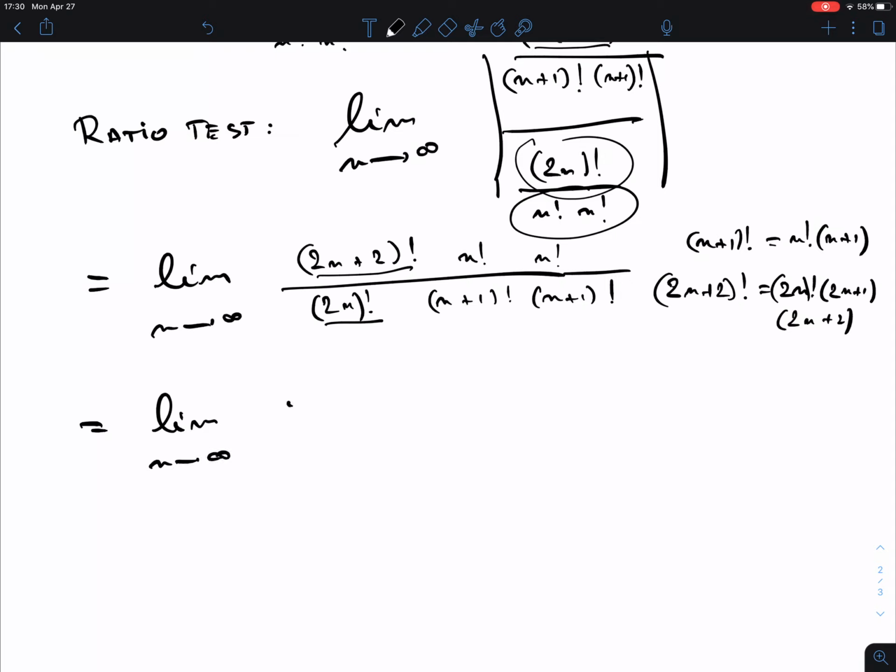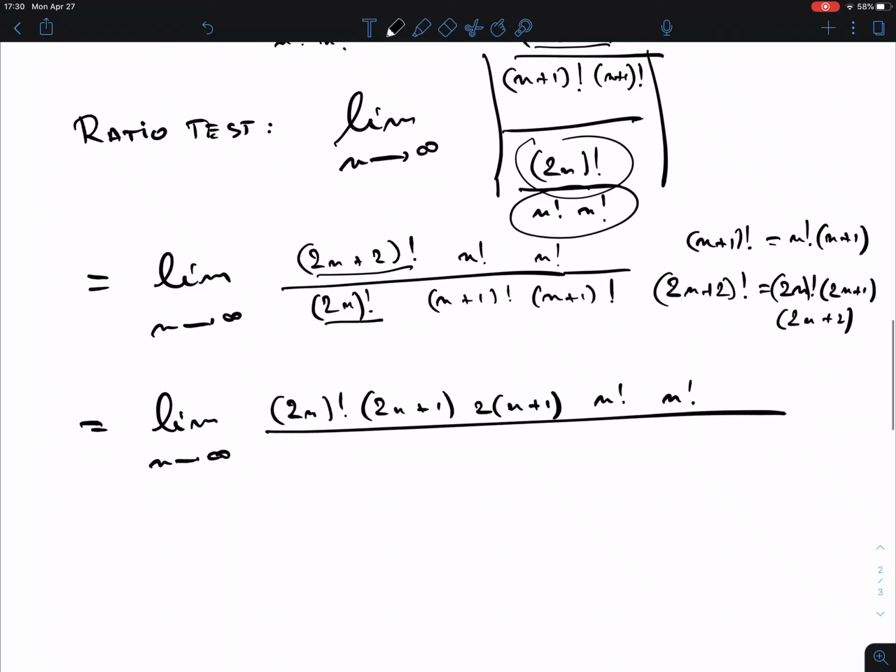The last one we just did is (2n)! times (2n+1) times 2 times (n+1). I'm going to factor out the 2 because I know already what is going to happen. And n!, we have a (2n)!. Then (n+1)! was n! times n plus 1. And the other one was the same. So this is twice using this formula.